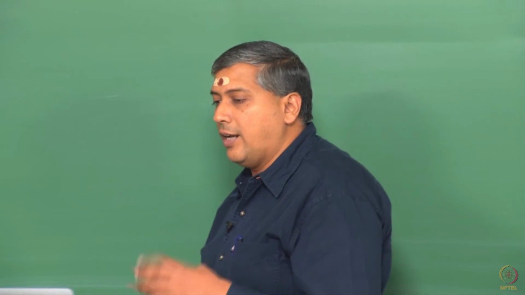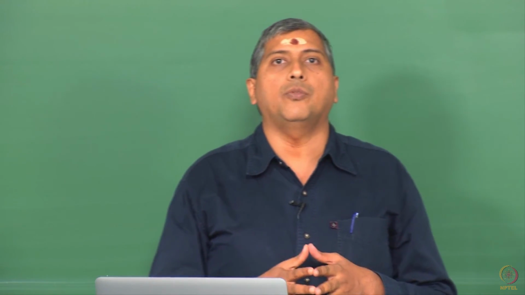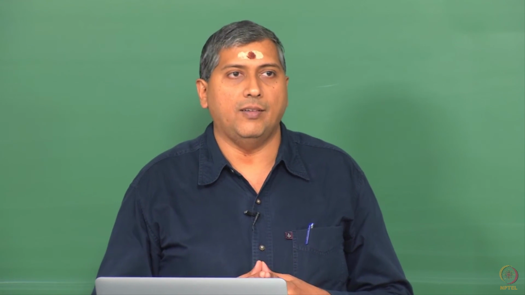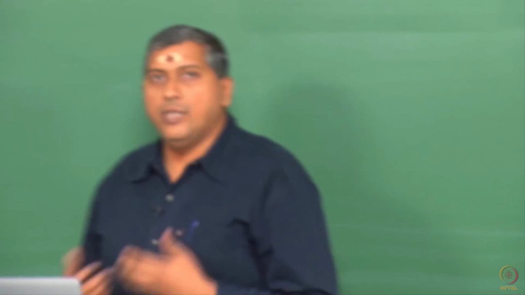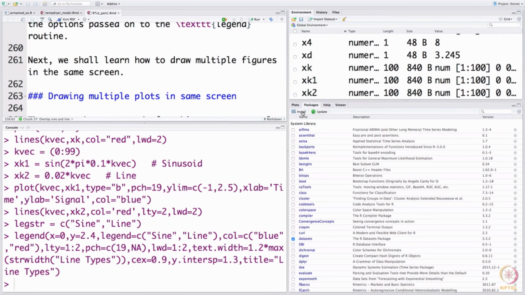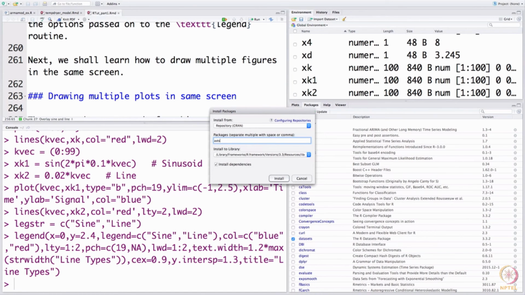This data set, R is beautiful, it has a lot of data sets. With every package you will have some data sets. This data set comes from a package or library called astsa, Applied Time Series Analysis. How do you install this package? You can go to the packages tab here, click on install and specify astsa.